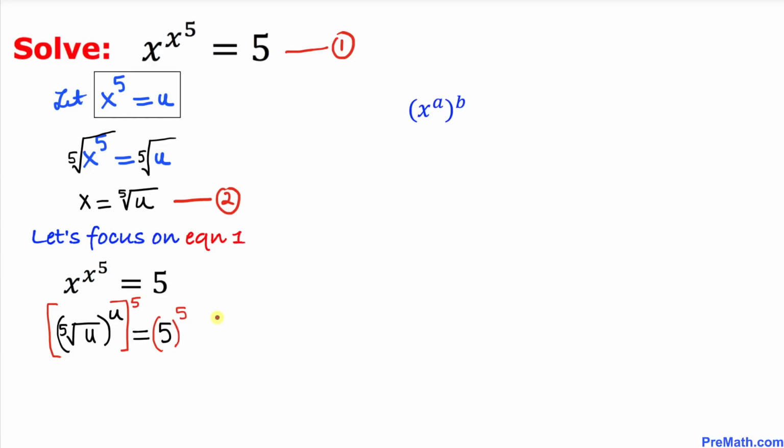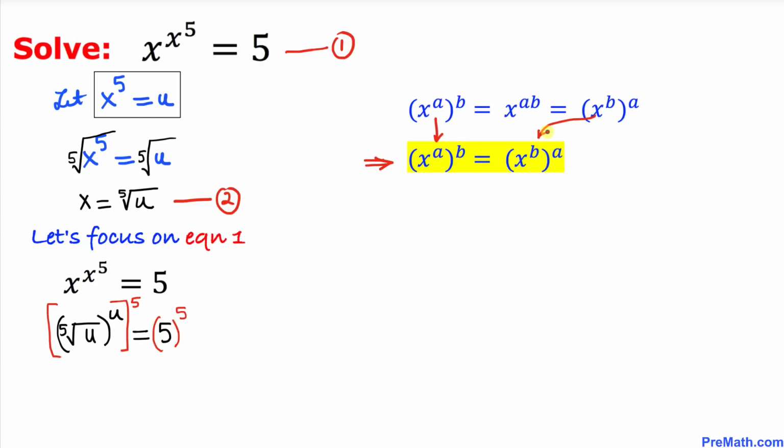Before we proceed any further, let me go over the basic rules of exponents. Let's look at x power a and then power b. This could be written as x power a times b, and in turn, this could be written as x power b and then power a. So we conclude that this left hand side equals this part.